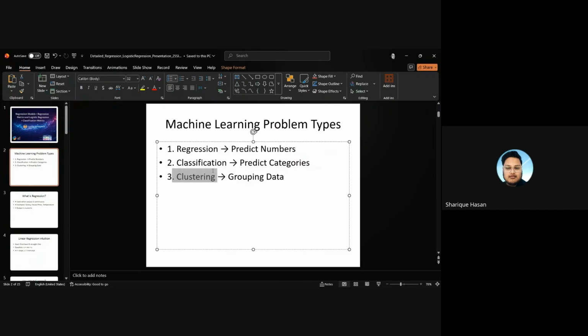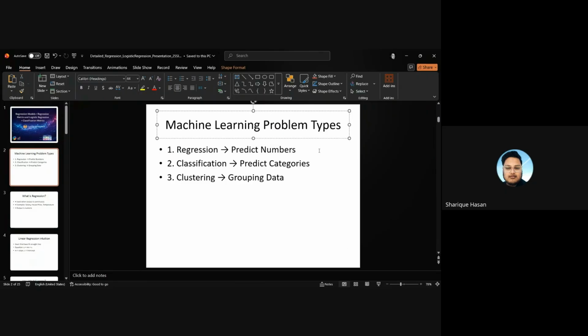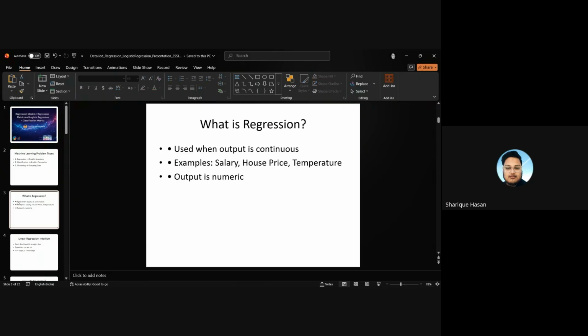Third is clustering. I think I've explained clustering many times. As the name suggests, it is grouping similar types of data, like grouping students of the same class. It's called clustering.